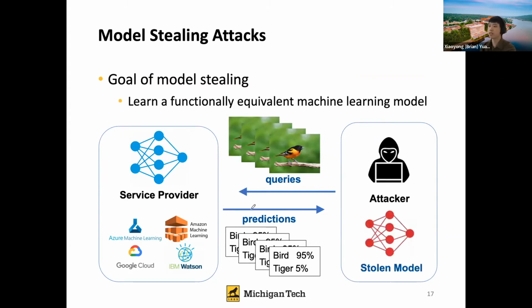Then the attacker can use the queries and the predictions to create a stolen model, which has a similar function to the original machine learning model. This is the goal of the model stealing attack.